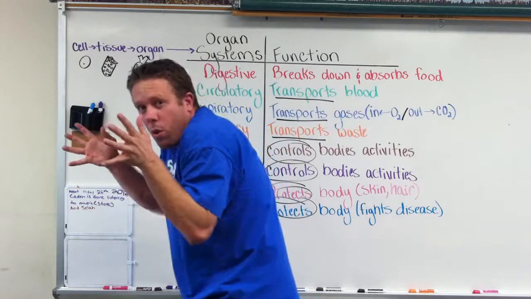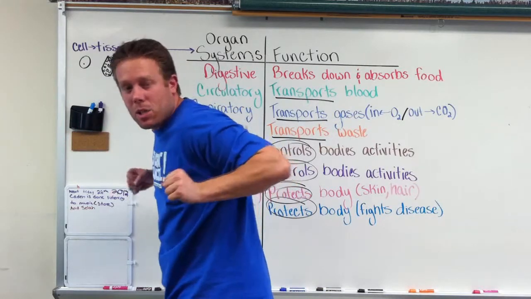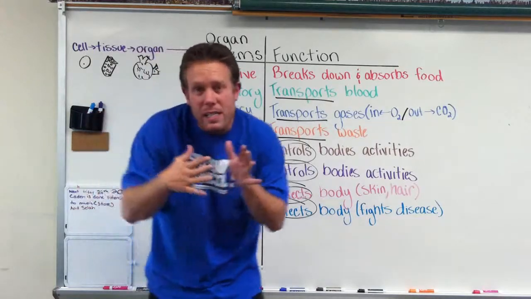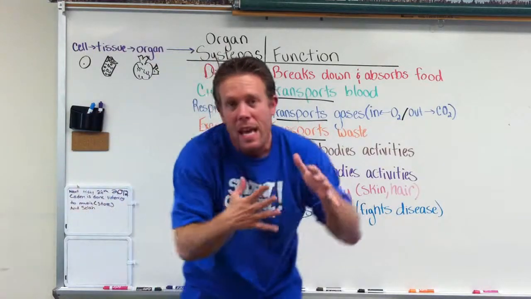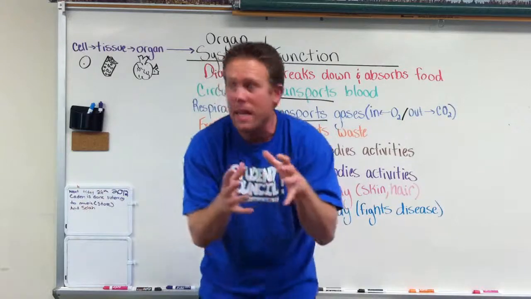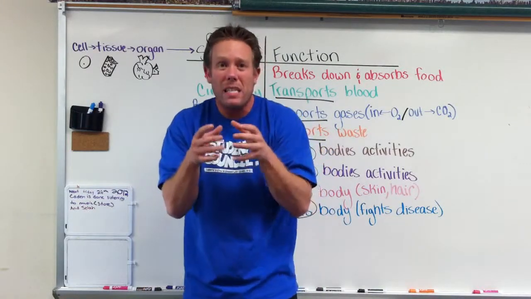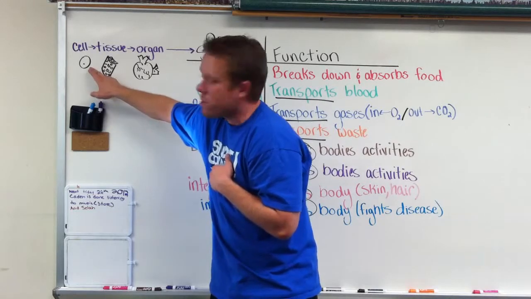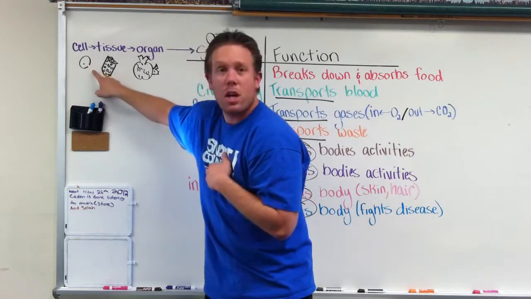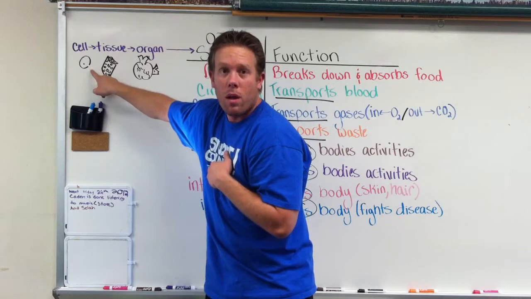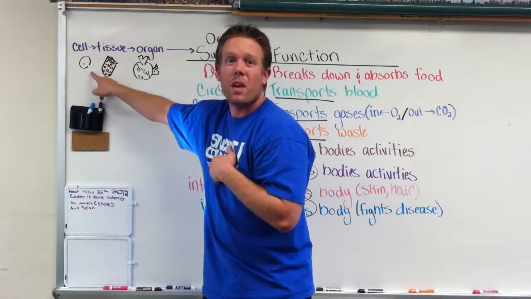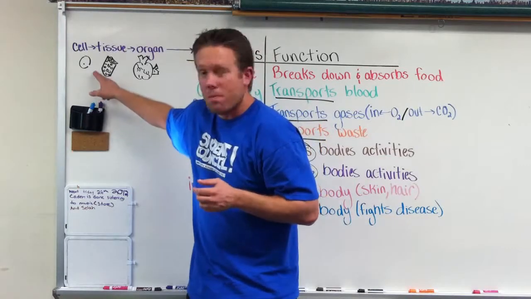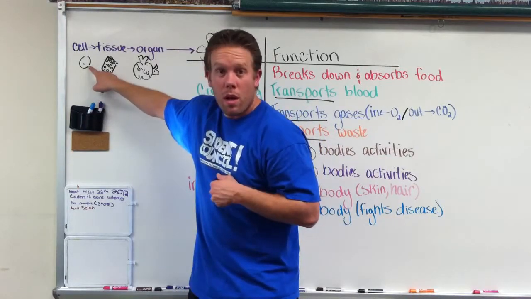Then they go through the walls of the capillaries that surround the small intestine. That little piece of burrito then gets into your bloodstream, and the red blood takes it all the way to the body's cells. Once the burrito pieces get close to this cell, it actually has to go through the cell wall also.